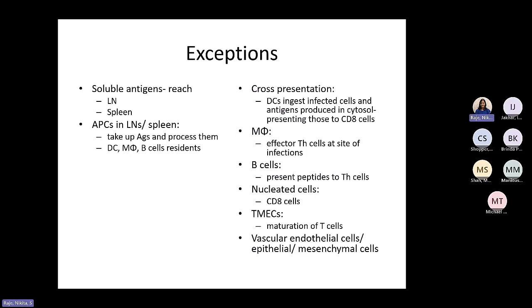All right, similar process of presentation occurs with macrophages or B cells, but in these cases, they are presenting those antigens to activated cells that are already coming back to the site of infection for macrophages, or activated B cells can present them in the lymph nodes, which would help with their own function for processes like somatic hypermutation and class switching.